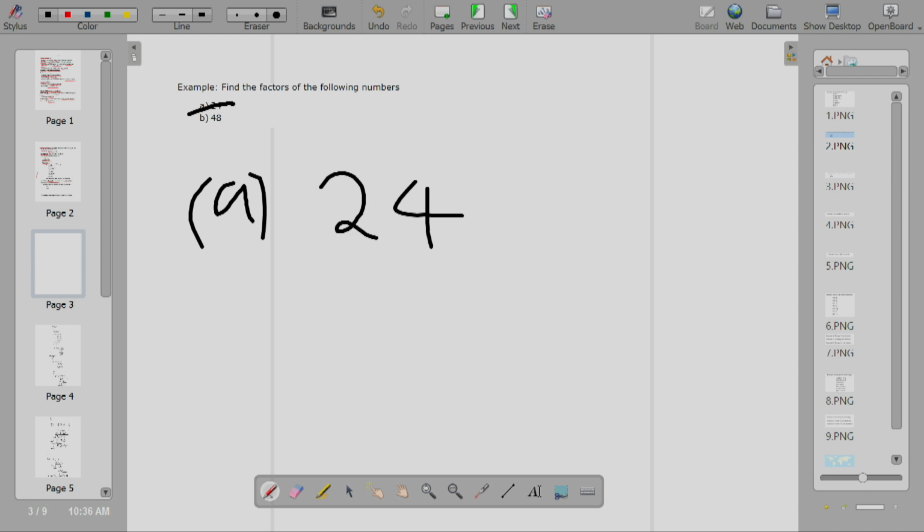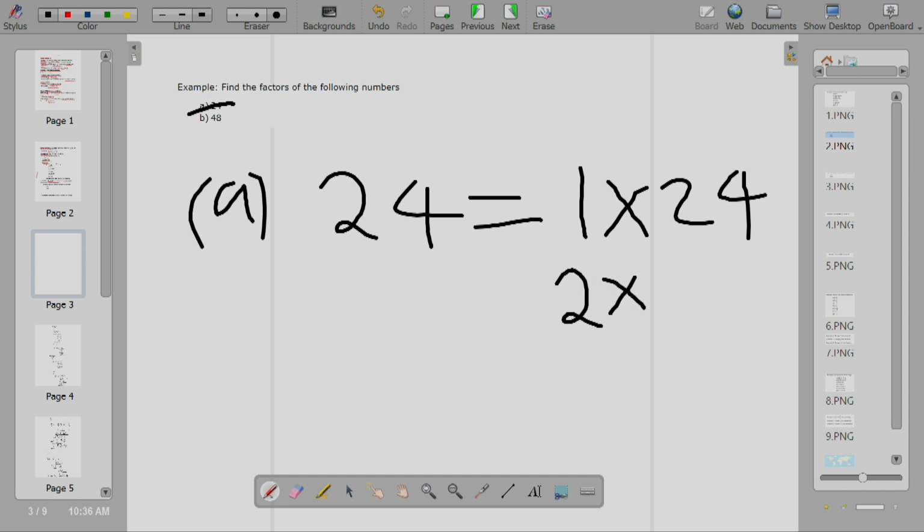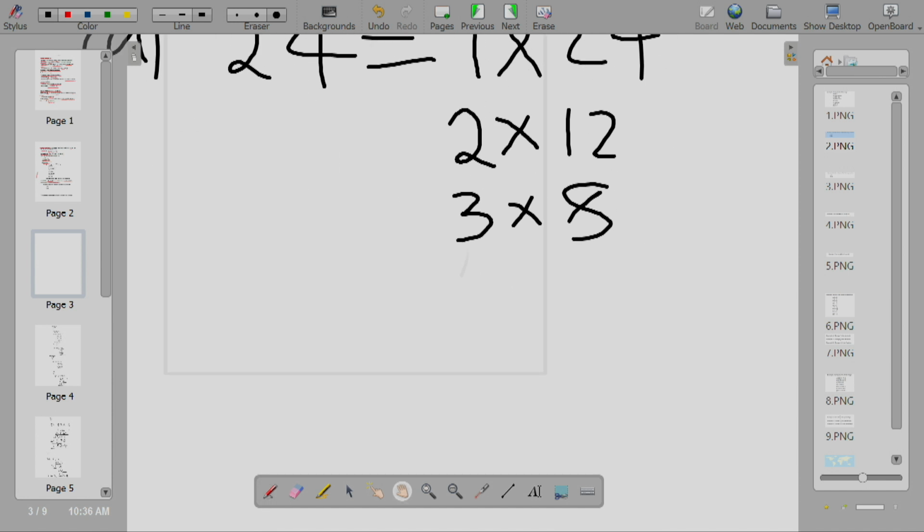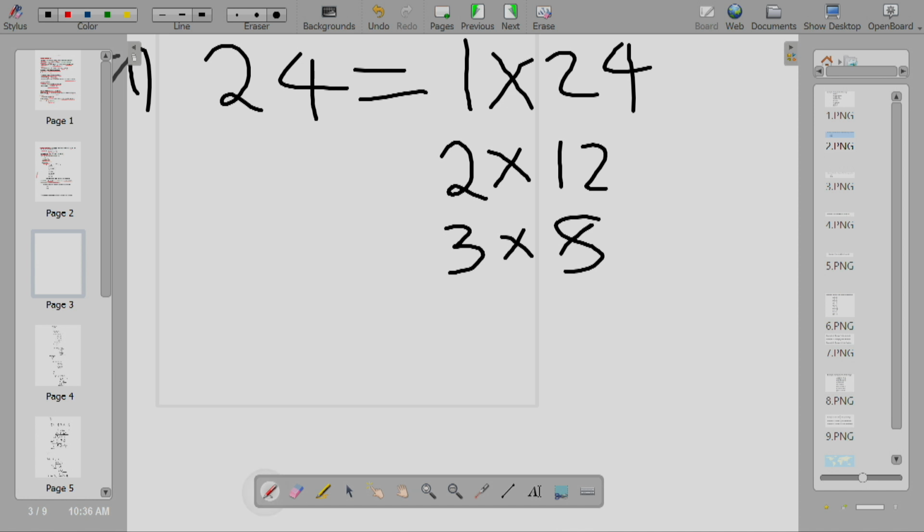So 24 equals 1 times 24, also equals 2 times 12, also equals 3 times 8, also equals 4 times 6. 5, no, 6, so it will be a repetition.